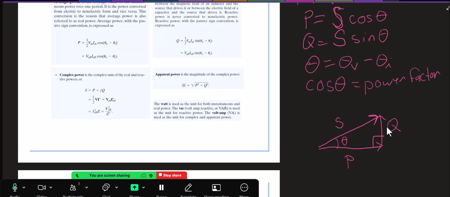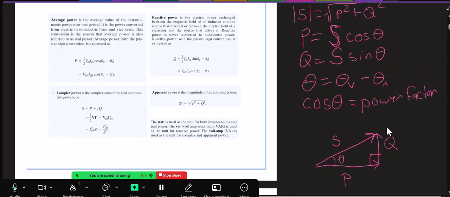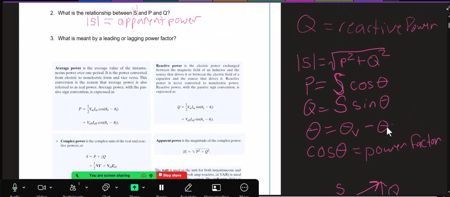So when you're given the power factor, you can draw what's called the power triangle, and you can get that information. We'll talk more about the power factor in a minute. Oh, y'all didn't have class on Wednesday, so you haven't had class since I've seen you last. So you have not done power factor. Okay, so I'm just kind of introducing it so that when you see it in class, it'll make more sense.